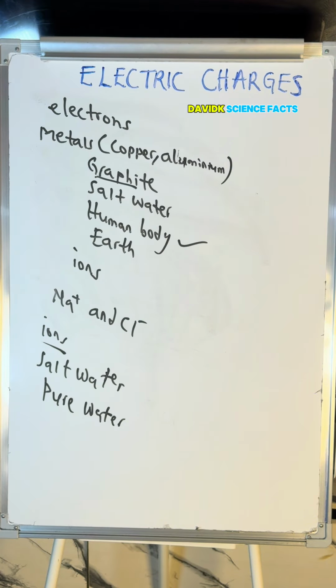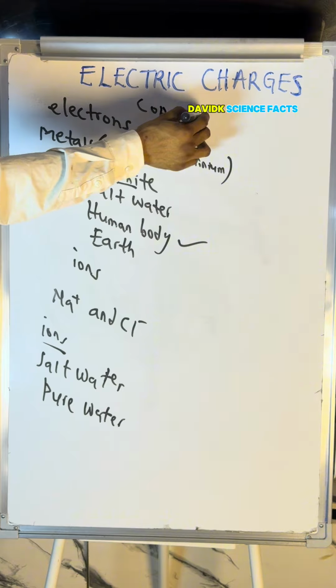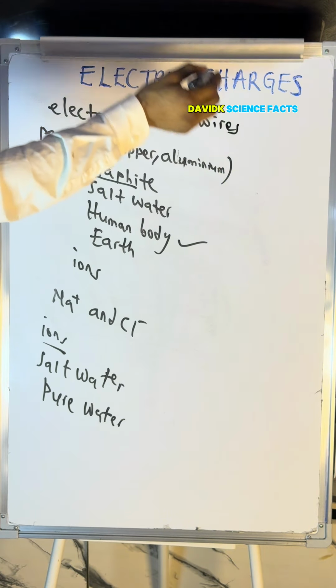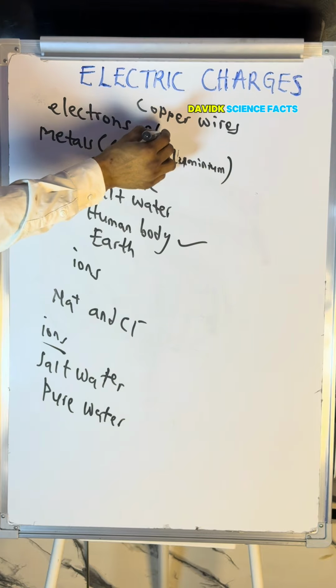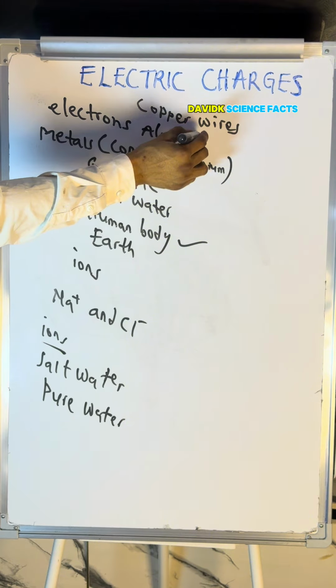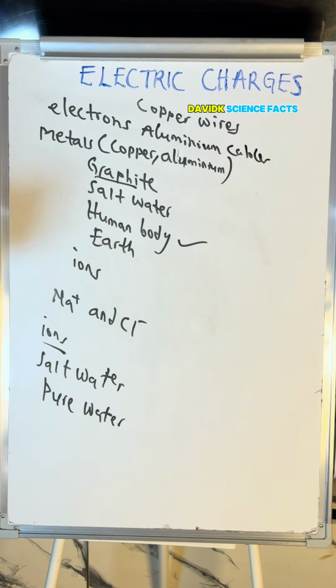Electrons move easily through the metal. That is why metals are the best conductors. Examples, we have copper wires. We also have aluminium cables. All these are examples of conductors.